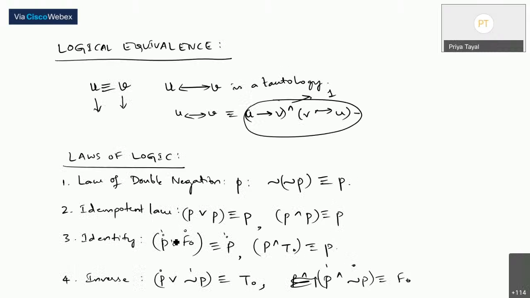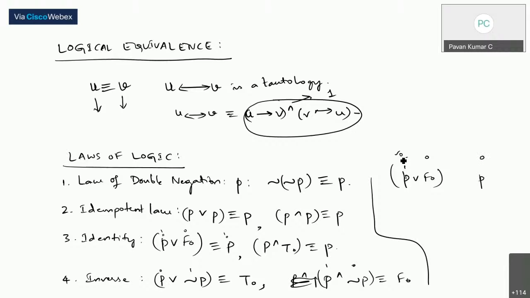Yes. Now you have P or F, right? F is always false, that means the value is 0. P can take a value either 0 or 1. Assume that at one stage it takes the value 0. Then 0 or 0 is 0, so this is equivalent to the value of P. When P was 0, P or F is also 0.